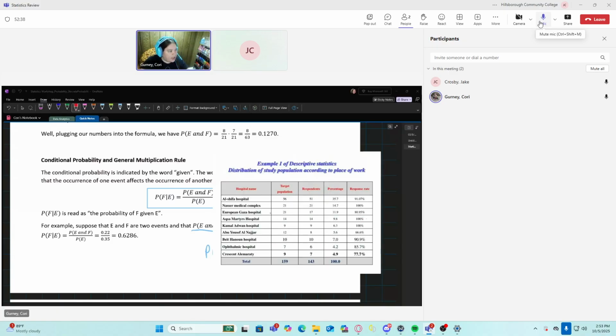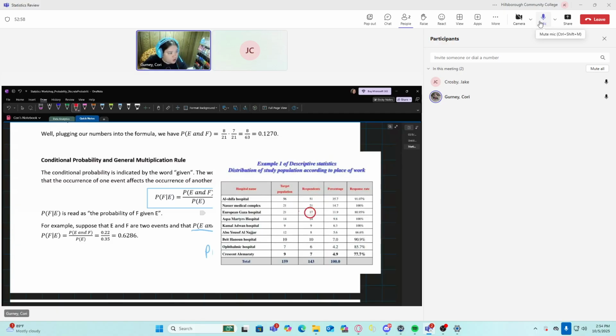So let's just say we have the European Gaza hospital, and we want the number of respondents. You would say, given that we have the European Gaza hospital, find the probability of the number of respondents.